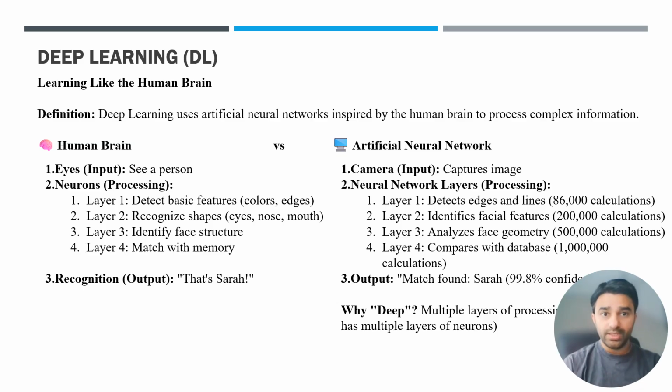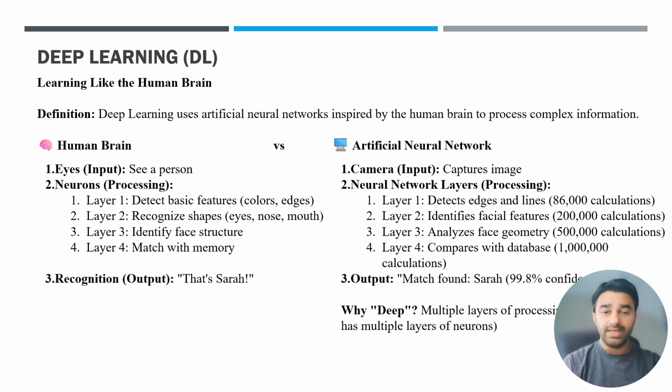In layer 2, the network identifies the facial features. It combines those edges and lines to recognize eyes, nose, mouth, and ears. This might involve 200,000 calculations, just like your brain's second layer combining basic features into shapes.